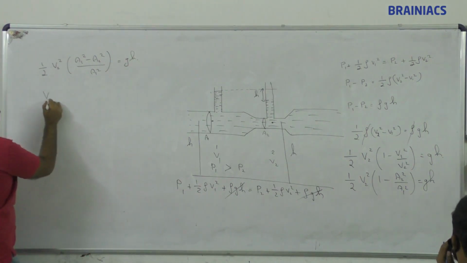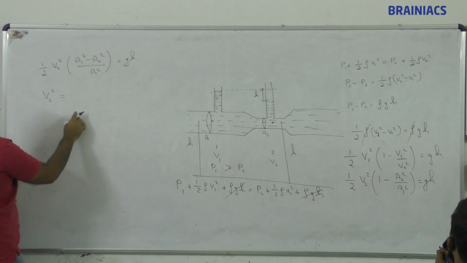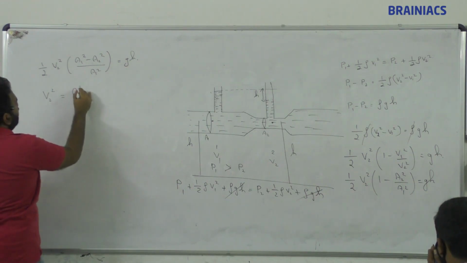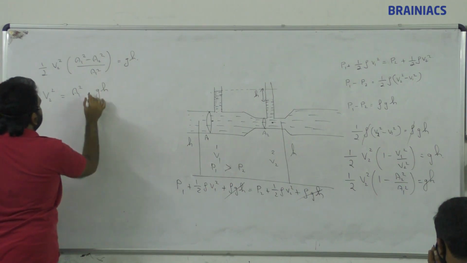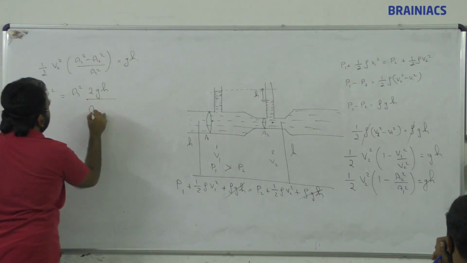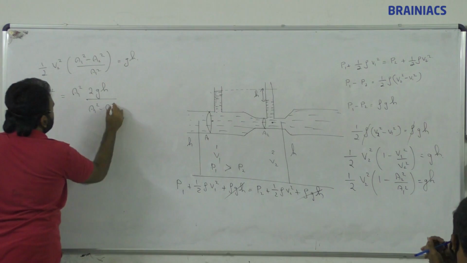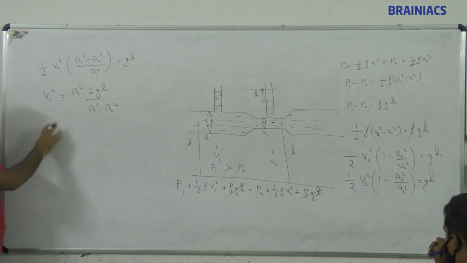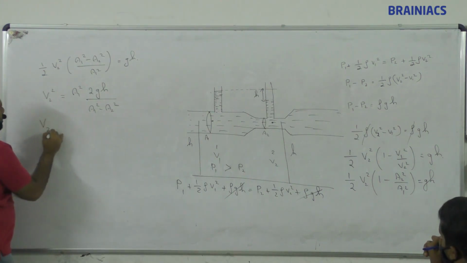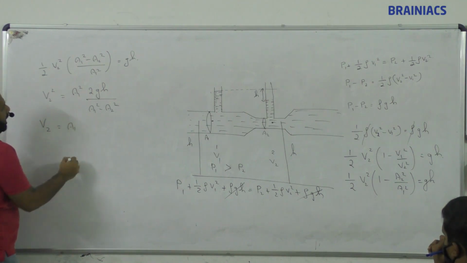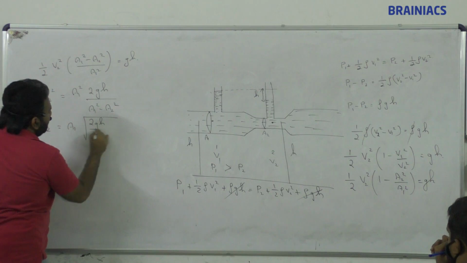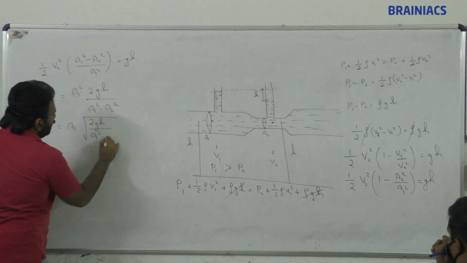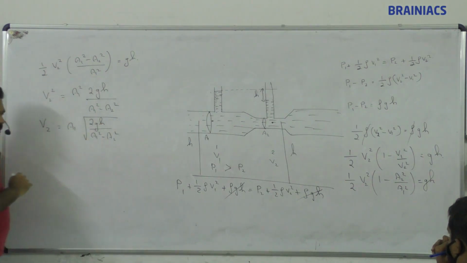Right, so v2 square is equal to a1 square into 2gh divided by a1 square minus a2 square. This is what you are telling. Correct. So v2 is equal to a1 into root of 2gh divided by a1 square minus a2 square.